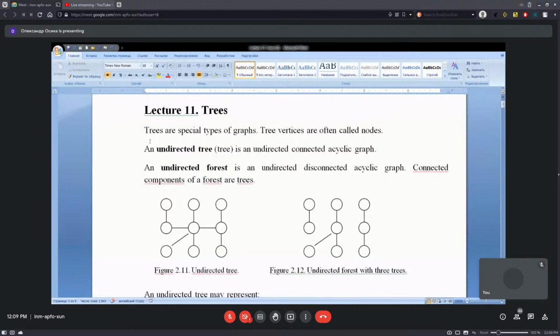Trees. Trees are special types of graphs. Tree vertices are often called nodes. An undirected tree, or just tree, is an undirected, connected, acyclic graph.